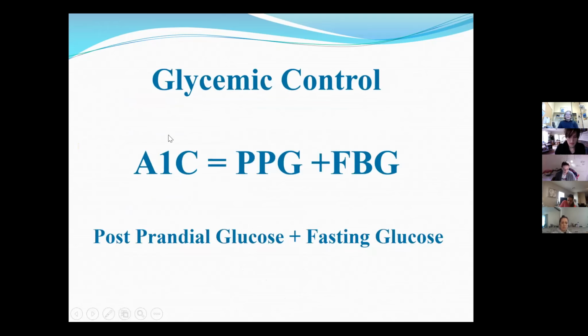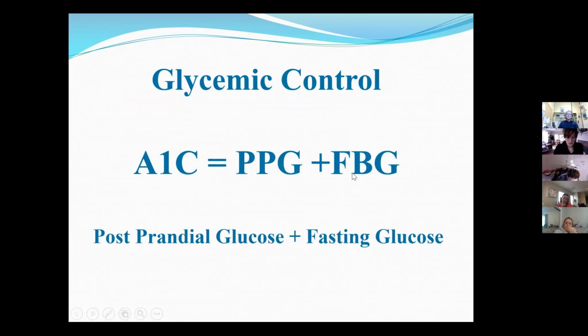So the A1C we think of as telling us a little bit about fasting glucose and a little bit about postprandial glucose at the same time, because A1C is a reflection of what's going on continuously.